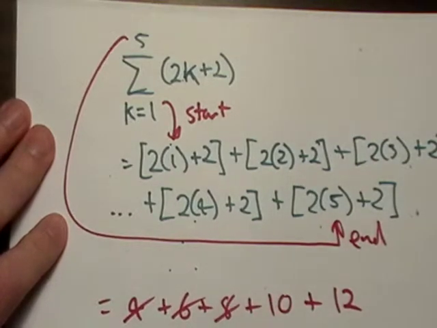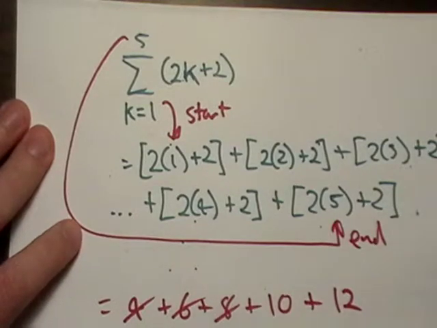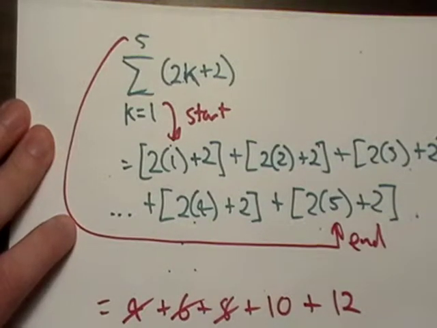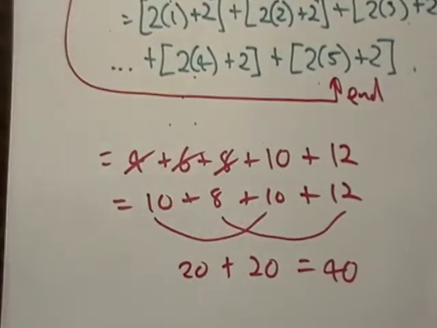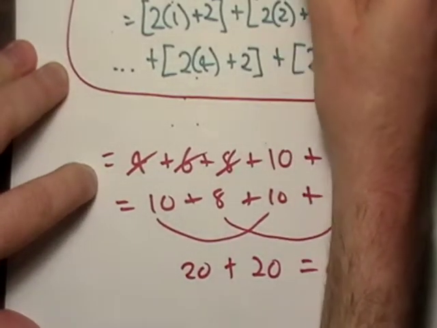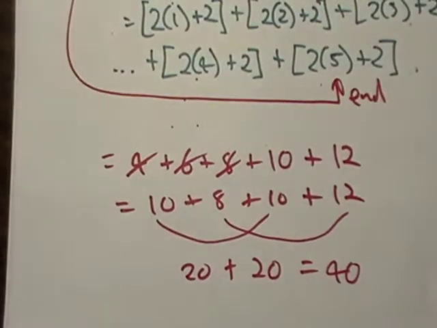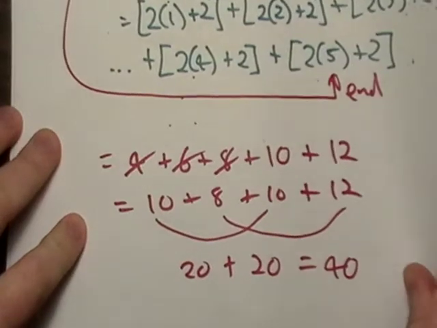You could probably do a lot of this in your head, but let's just group these together and group these together. Looks like we get 20 plus 20 equals 40. So basically, that is the answer to this summation. We're probably not going to use a whole lot of summation until we get a little further on into calculus.